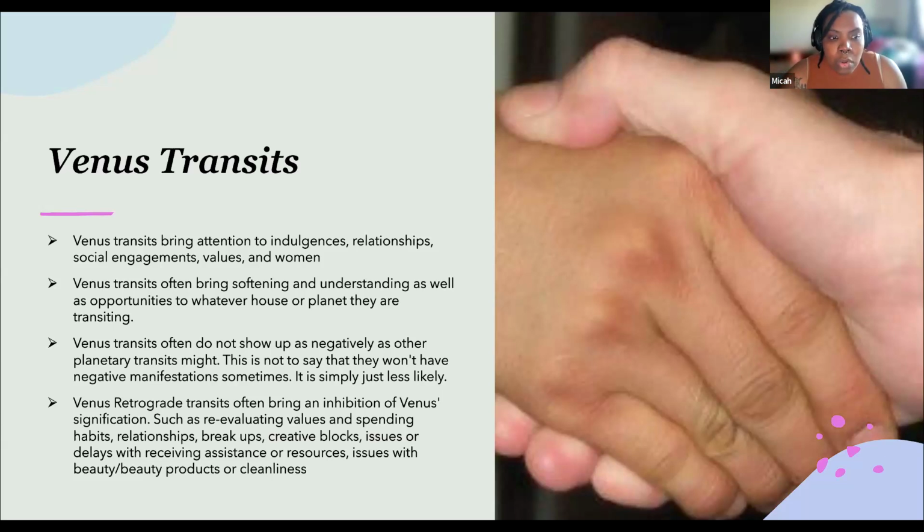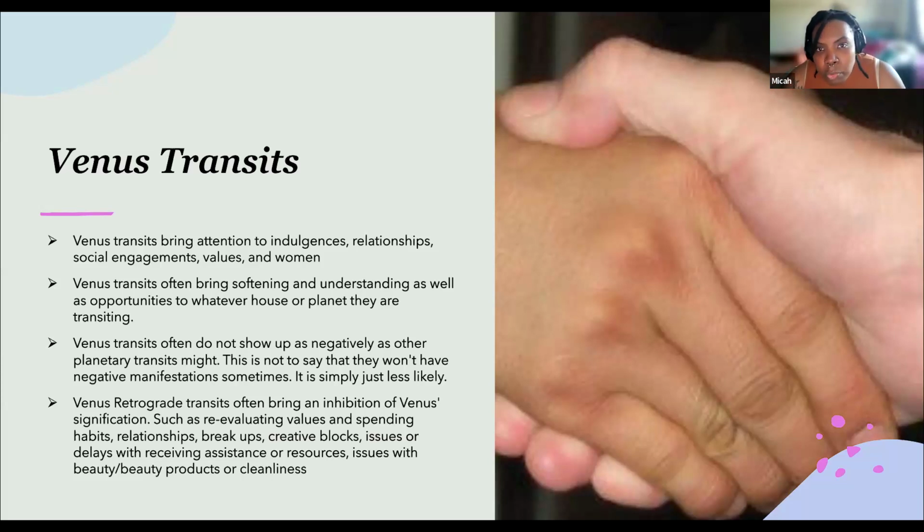And based on what other planets Venus is transiting at that time will depend on what's happening with those relationships or what's happening with a money situation. Venus transits bring attention to indulgences, relationships, social engagements, values, and women.